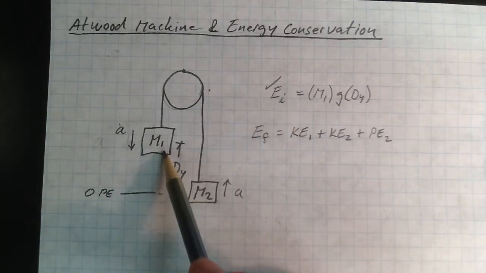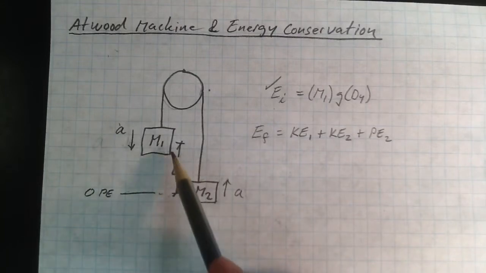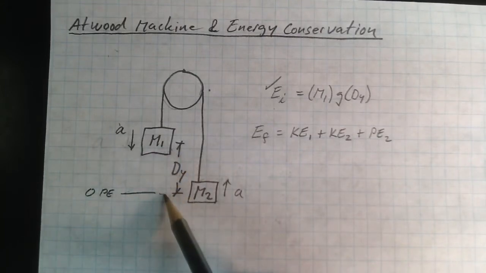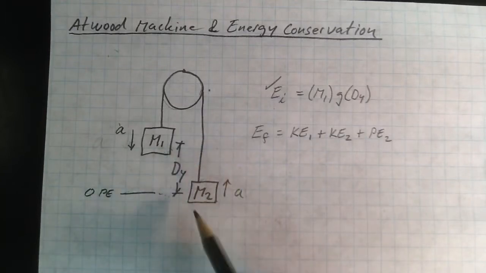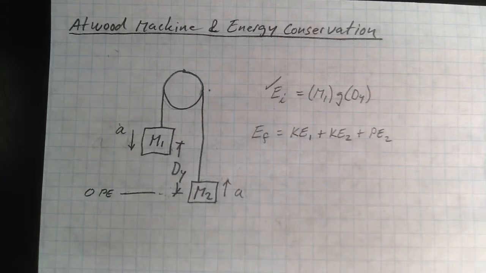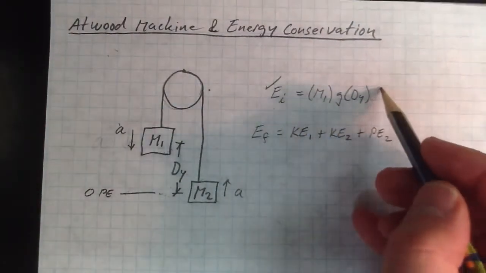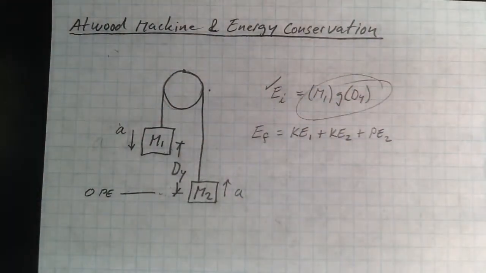This mass will lose potential energy. This mass will gain potential energy. And I have to take all those things I just mentioned, add them up, and it has to equal this number right here. Okay?